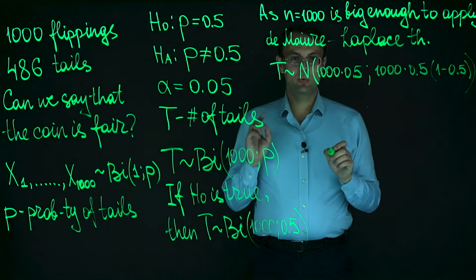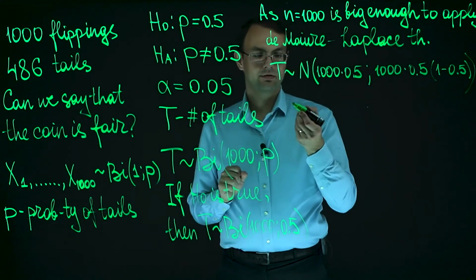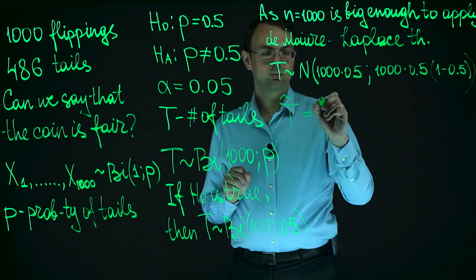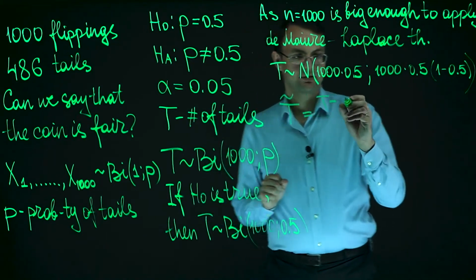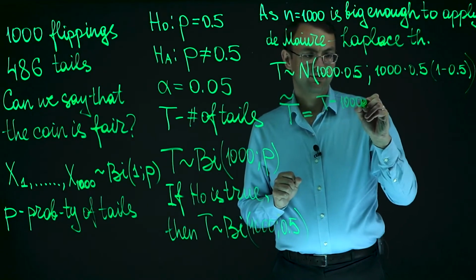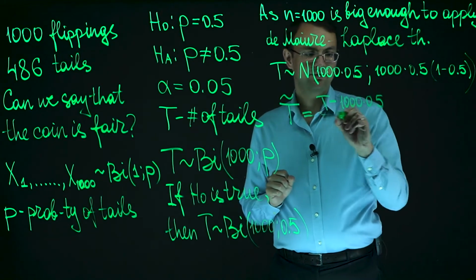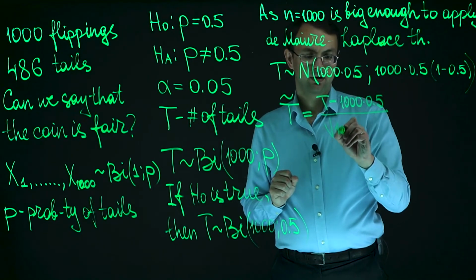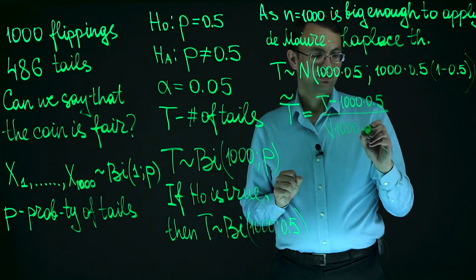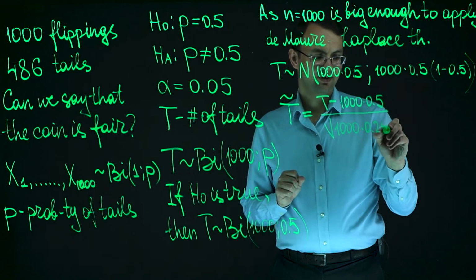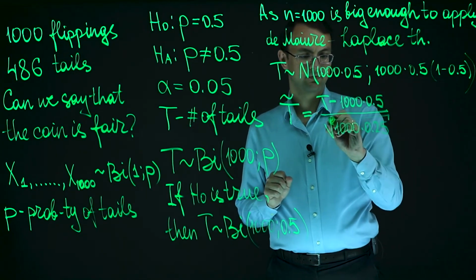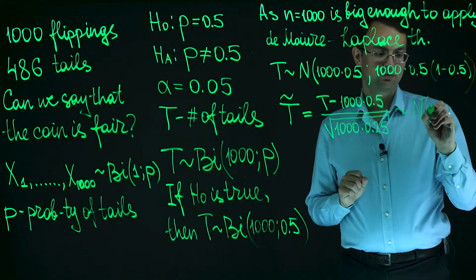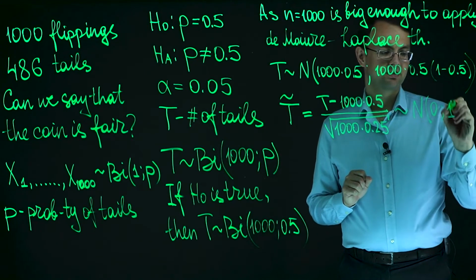Or we can say that another random variable, T tilde, that is equal to T minus 1000 times 1/2 divided by the square root of 1000 times 0.25, has standard normal distribution, normal with parameters 0 and 1.